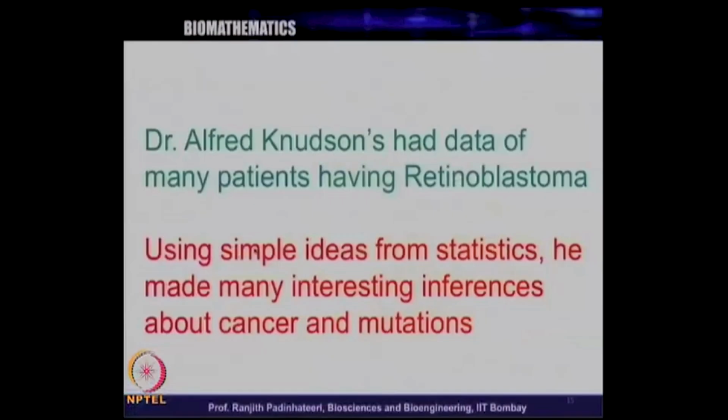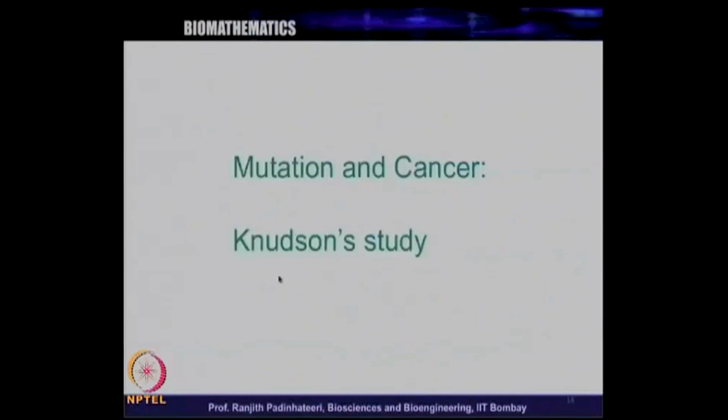Okay. So, now we learned a few things about the Poisson distribution, and now we will take a real biological example, a very famous example, and discuss how the ideas we learned so far today can be used to understand something about cancer. So, what I will discuss today is mutation and cancer, Dr. Knudson's study.